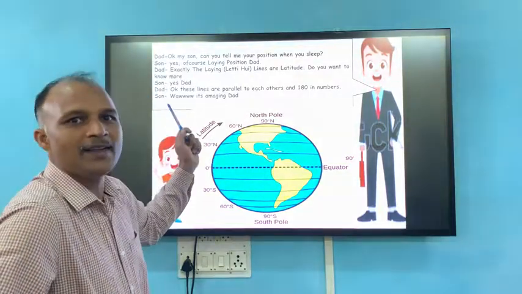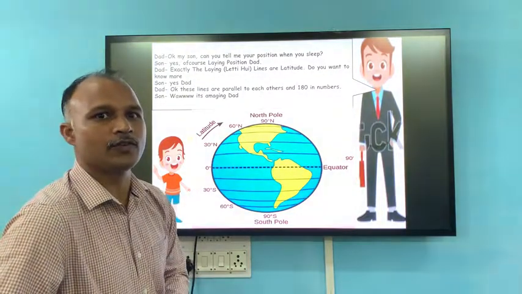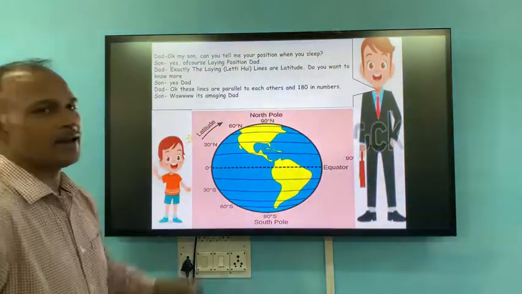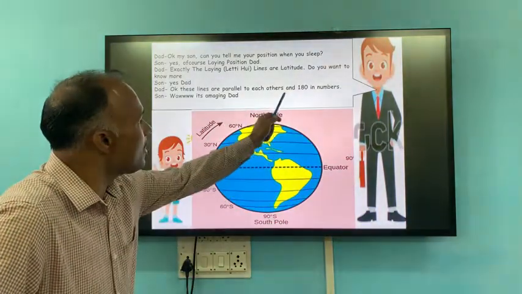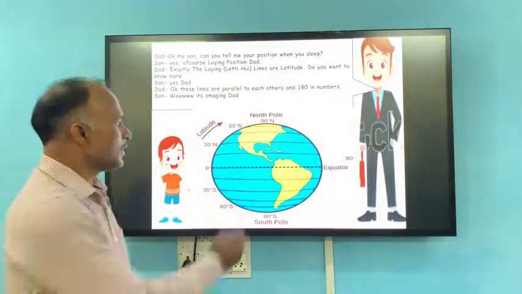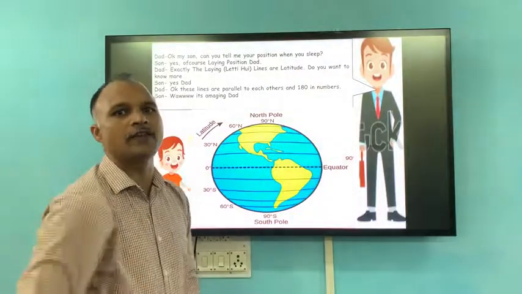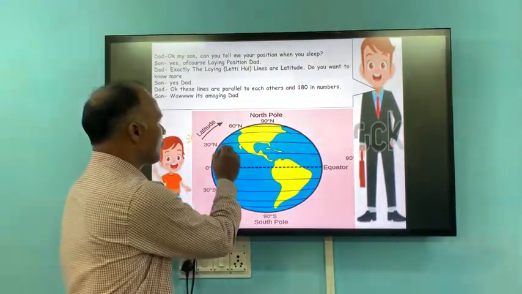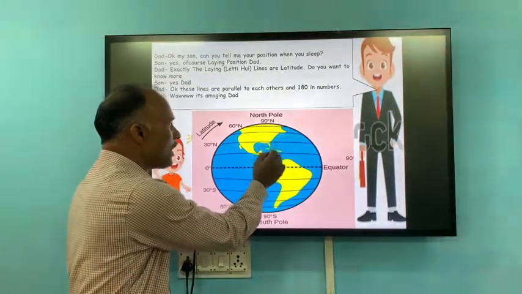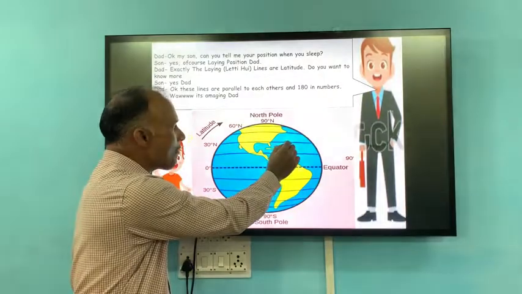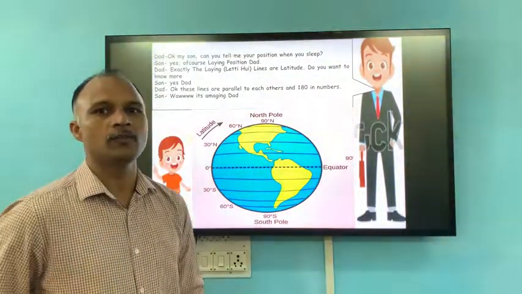Then Rohan replied, "Yes, Dad, I want to know more about latitudes." Then his dad replied, "Okay, these lines are parallel to each other. The gap between two lines is equal on all sides. From east to west, the lines are parallel and the gap between them is equal everywhere.